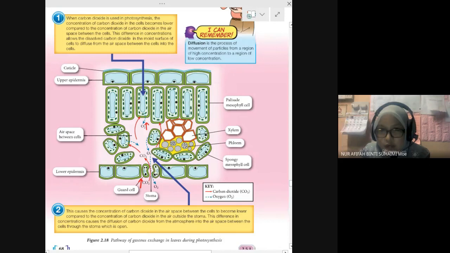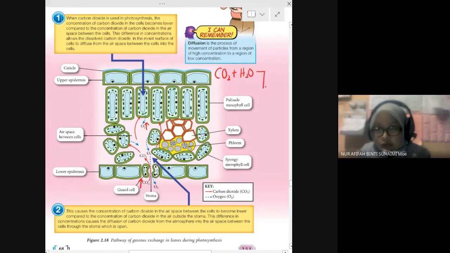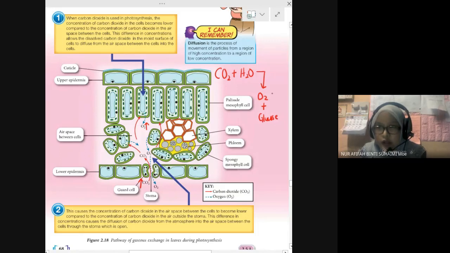You still remember the equation for photosynthesis? The plant needs carbon dioxide and water, H2O. Then it will produce oxygen and glucose or food. This one is vice versa with human respiration. Terbalik. Human needs oxygen and food to produce carbon dioxide and water vapor and energy.